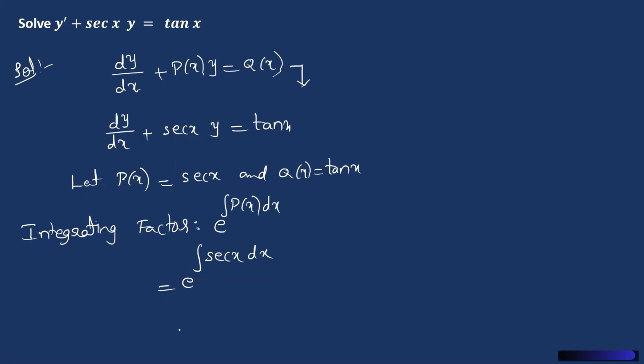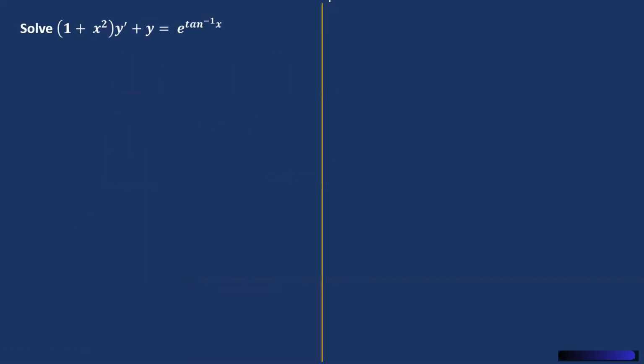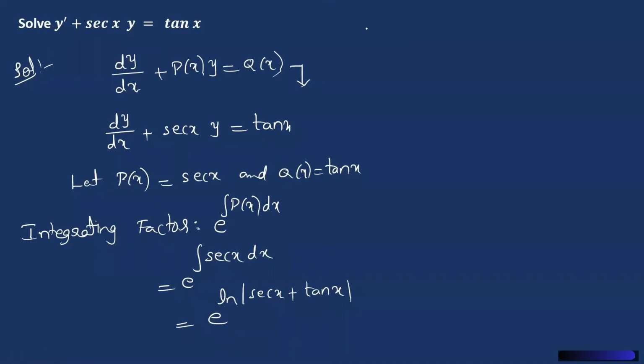So then it is equal to e to the power of, as we know, the integration of secant x is log mod of secant x plus tan x. Now see, as you can understand from this, in the last step we have e to the power of log of something.